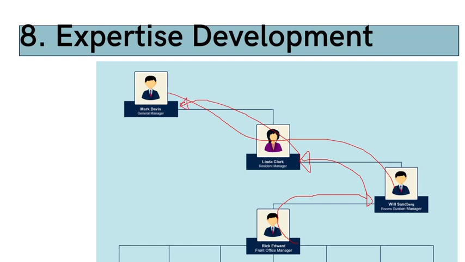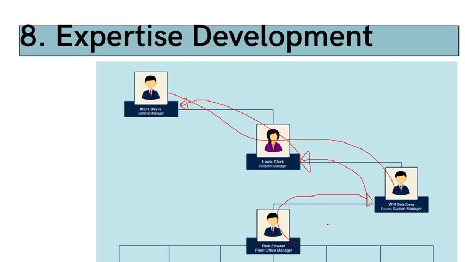I hope that as a reflection on this lesson, you have the aim to develop your skills, knowledge, and attitude, so that when you are working in a particular resort or hotel, you aim to be promoted at the right time.